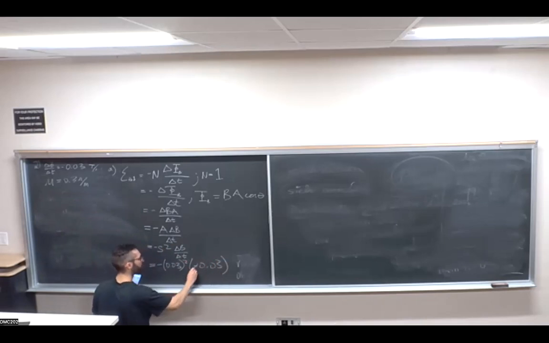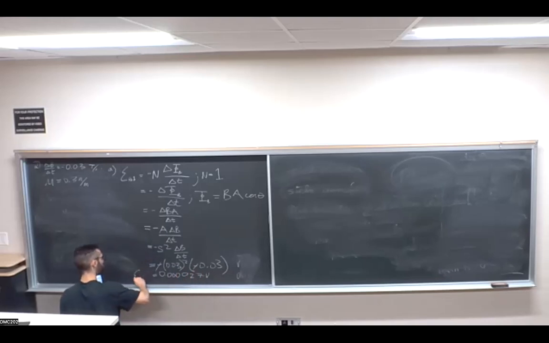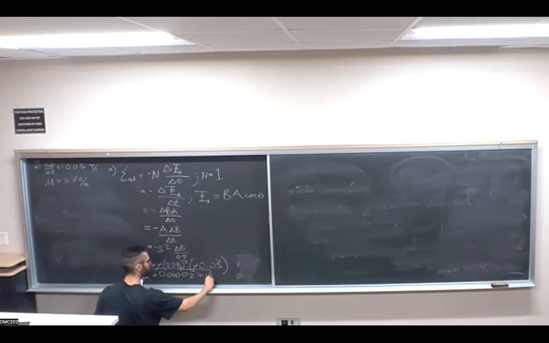These minus signs cancel out, and what you get is 0.0000, that's 4 zeros, 27 volts.